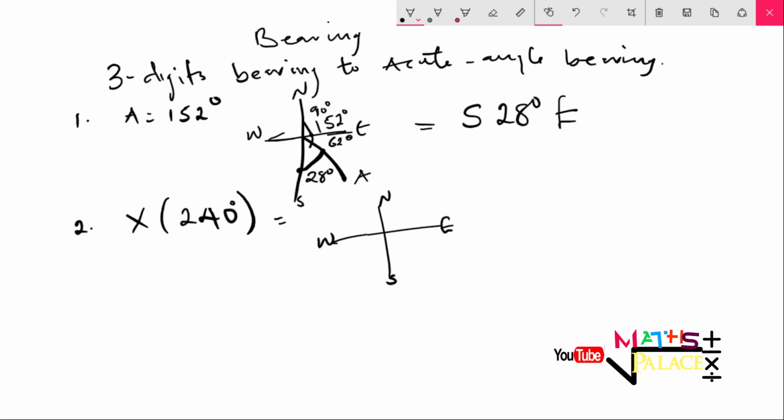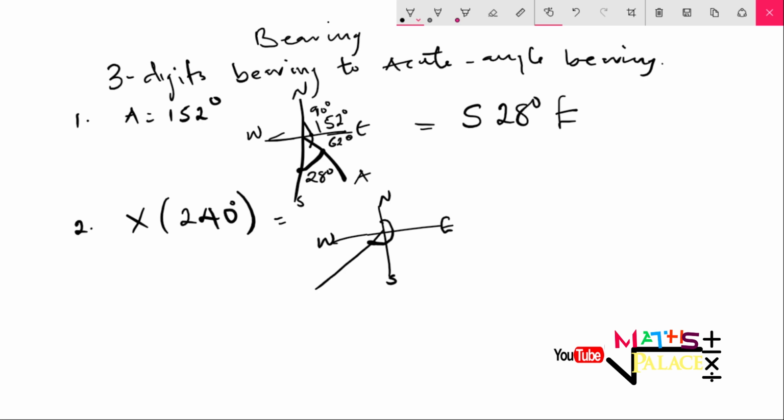Now for 240 degrees, remember 240 is a 3-digit bearing, so we'll move from the north. From north to east is 90 degrees, east to south is another 90 degrees, that makes 180. Then for me to make up 240, I'm going to be adding 60 degrees. So I have 60 degrees here.